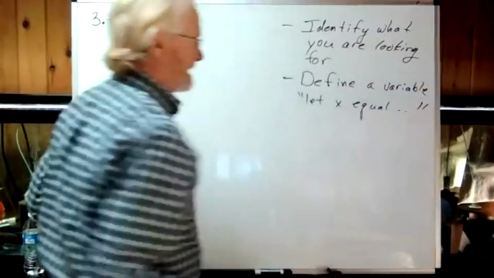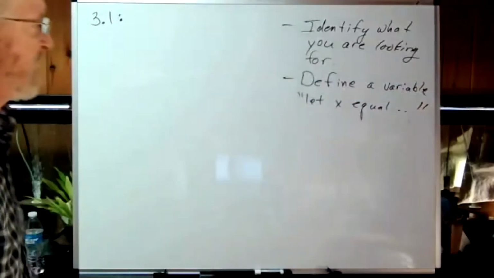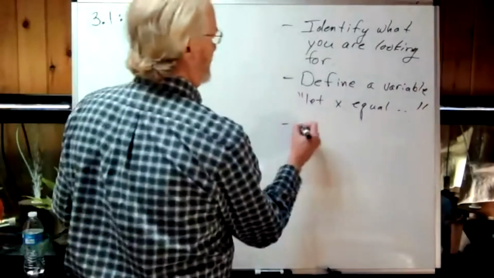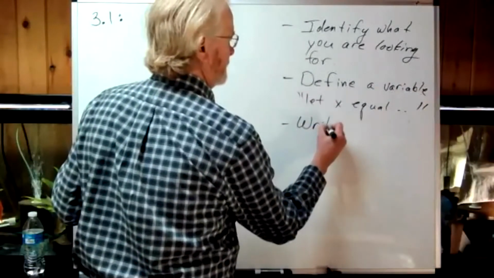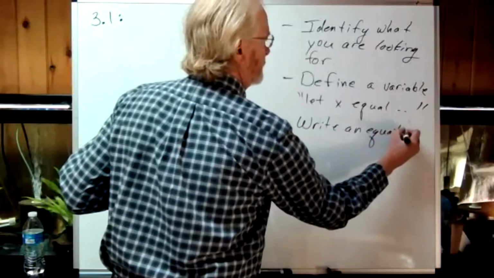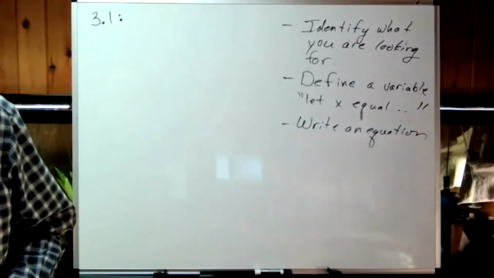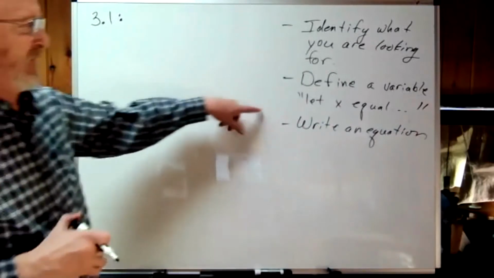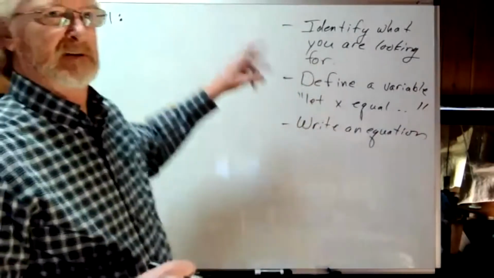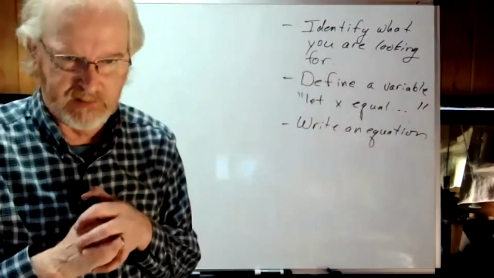You know, something like that. Let X equal the thing I'm looking for, right? Write an equation. Write an equation that describes this particular situation. Sometimes translating the big story into, say, can I write it? Can I condense it into a simple sentence?